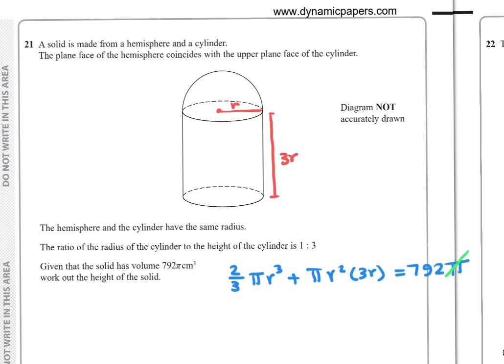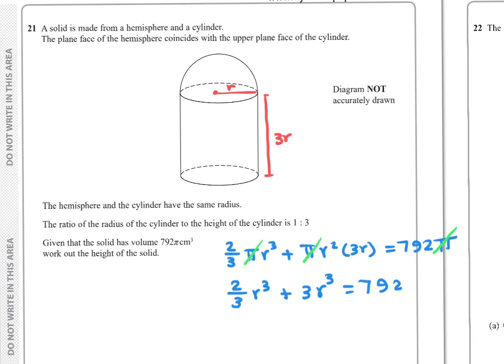Now cancel pi with pi. You are left with 2 over 3 R cubed plus 3 R cubed equals 792. Now add 2 over 3 plus 3 equals 11 over 3. R cubed equals 792.